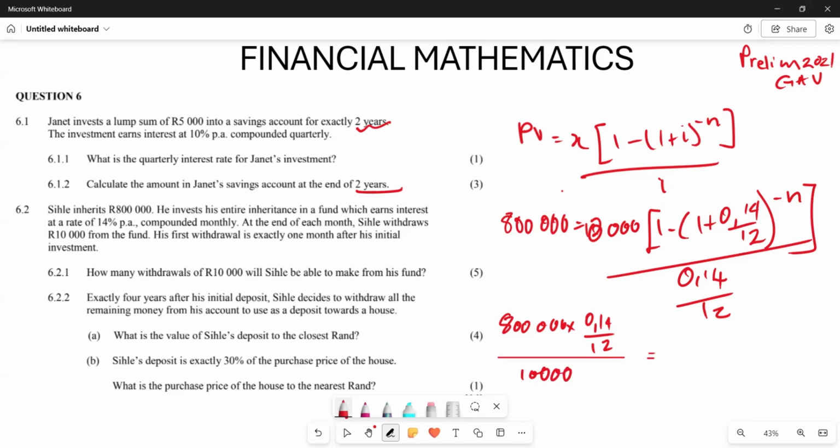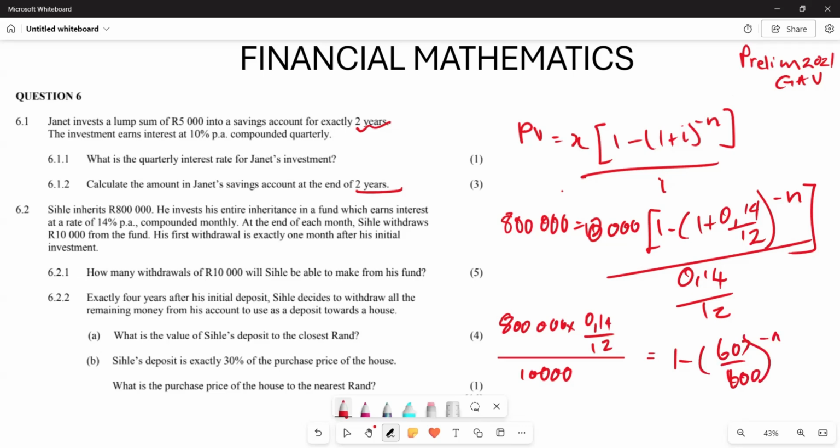So when you say 1 plus 0.14 over 12, let's see in terms of what is that. That one is the same as 607 over 600. So this is 1 subtract 607 over 600 to the power of negative n.